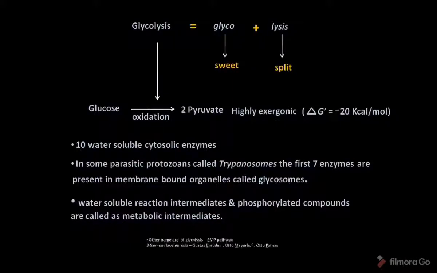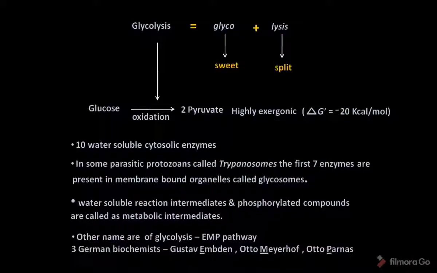The other name of glycolysis is the EMP pathway, after the names of three German biochemists, Gustav Embden, Otto Meyerhof and Otto Parnas.